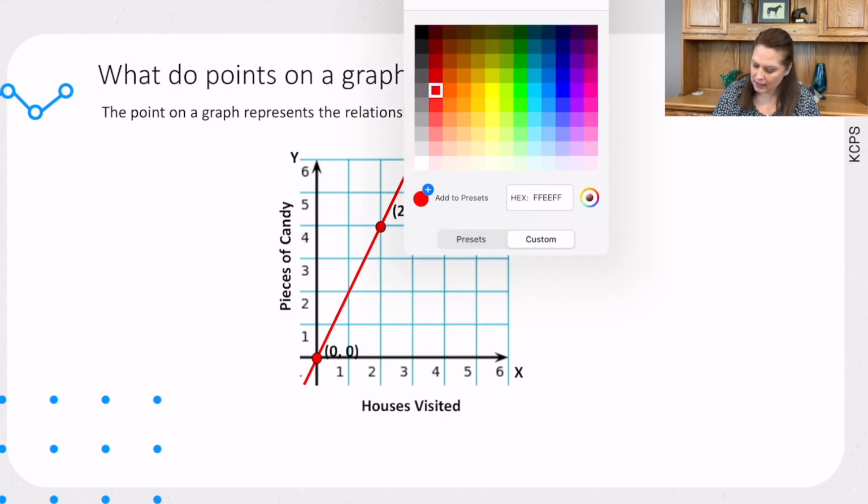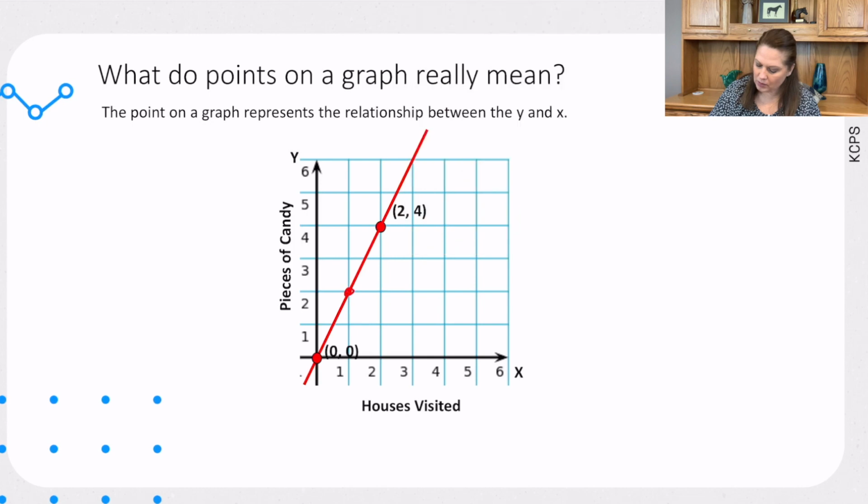So if we take a look, and we're going to put a dot here, this is our 1, 2, so that represents for every 2 pieces of candy, I get it from 1 house. Or I can reverse it and say for every 1 house, I get 2 pieces of candy. This is our K, our unit rate, and it is also our constant of proportionality.